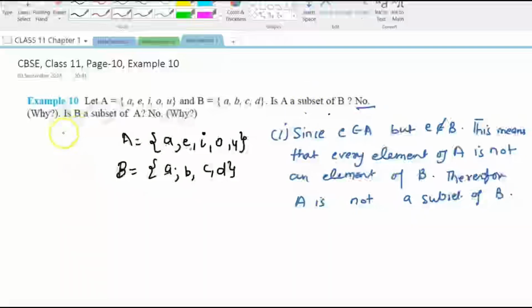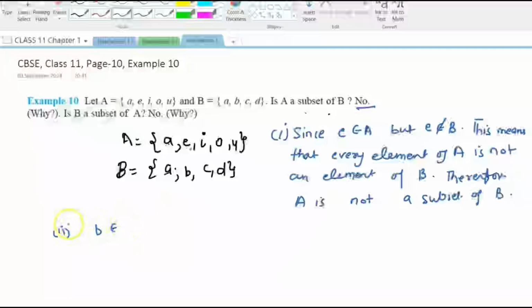Now let's see the second. Is B a subset of A? And if no, why? Okay, so let's see for B also. A belongs to B, A belongs to A, so it's good to go. Now B belongs to B, but B does not belong to A. To check if a set is a subset of the other set or not, we need to check for every element. But even if there is one element that does not satisfy the condition, we can simply say the set is not a subset of the other set, because every element of the set should be in the other set.